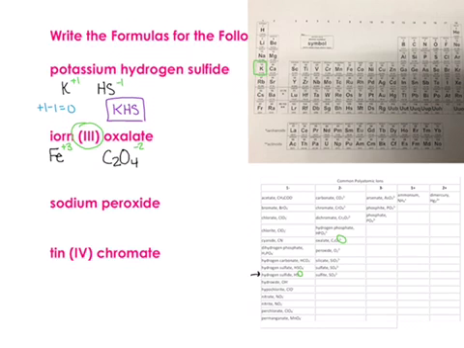And so we do our diagonals, and the 2 comes down here. And since we have to add a subscript to this polyatomic, you have to put it in parentheses and place the subscript on the outside of the parentheses. So our final answer here is Fe2 parentheses C2O4 and then our subscript 3.